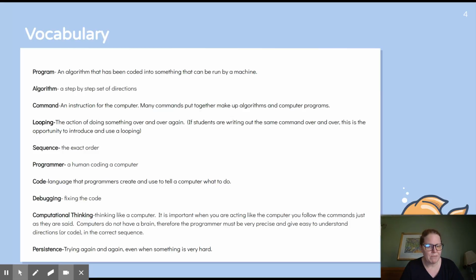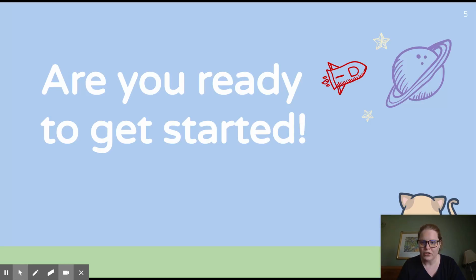Programmers do not give up. When the computer doesn't do it, they go back and debug and fix what's wrong with it. They don't just say, oh, this is hard, I give up, I'm done. We don't do that. Persistence means you try again, figure out what went wrong, and fix it. So are you ready to get started?